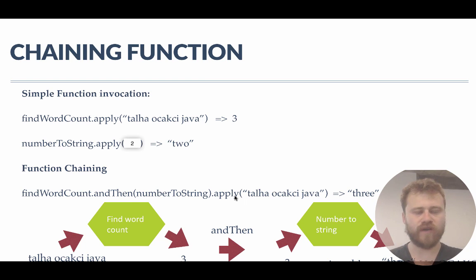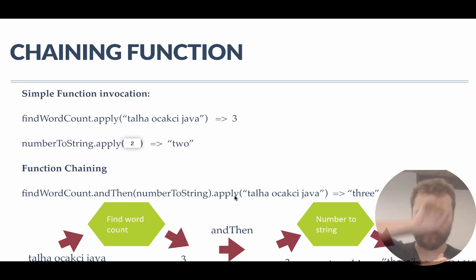If you are using function chaining, you need to delay invoking the apply method to the very last function. Till then, you need to invoke and then method. First method, and then the second method, and then the third method, and then the next method, and then the last method, dot apply.